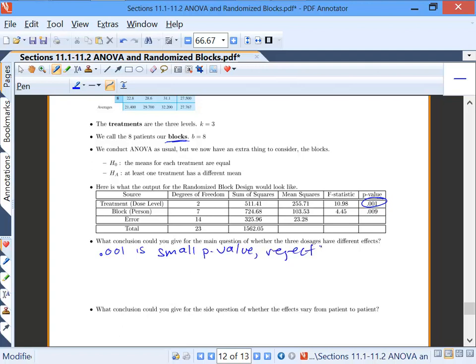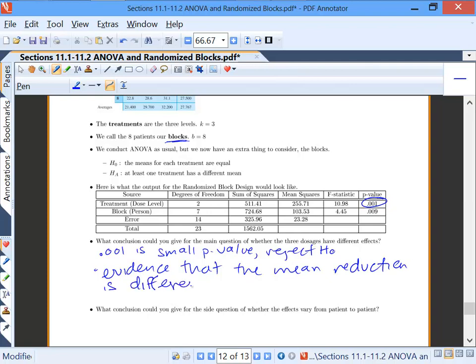We reject the null hypothesis, and we have evidence that the mean reduction is different for at least one of the dosage levels.